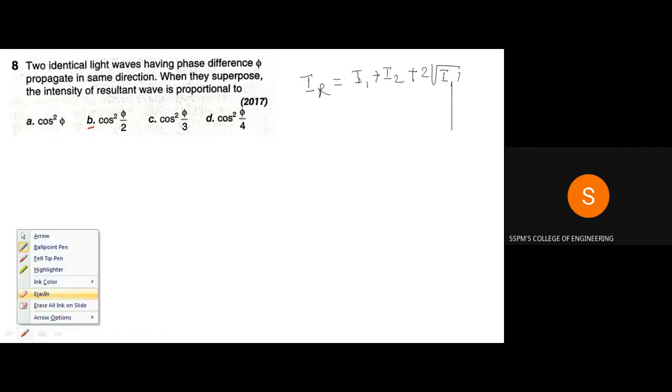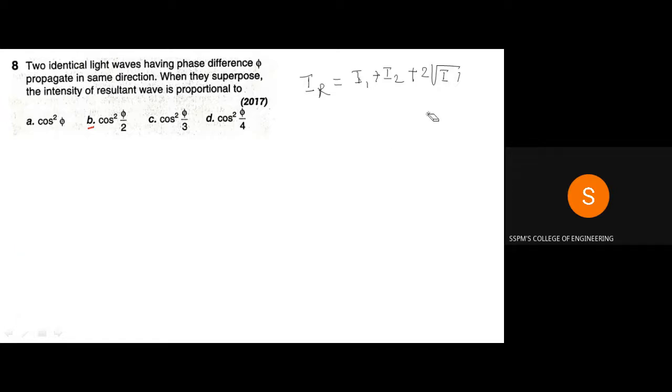Resultant intensity I R equals I1 plus I2. This formula you have studied while discussing the theory. I1 plus I2 plus 2 square root of I1 I2 cos phi.